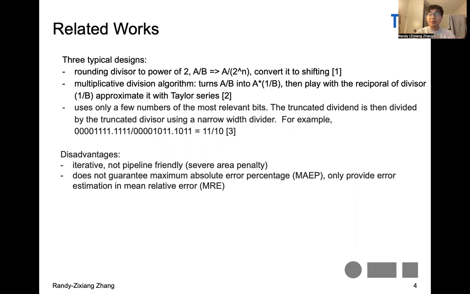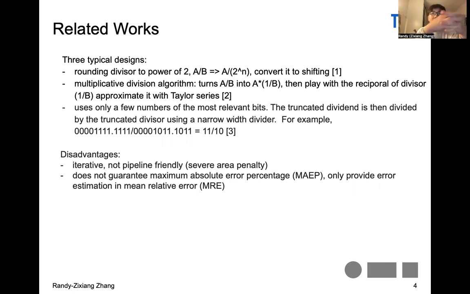It is a very cheap, very convenient operation. So by rounding the divisor to a power of 2, we can convert the division into a series of shiftings. That's the working principle of this first type of approximate divider.